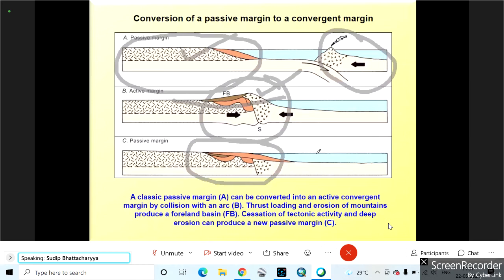So what happened is that we are getting sediments. That sediment is a reflection of the age of a particular stratum, and a reflection of the tectonic activity.